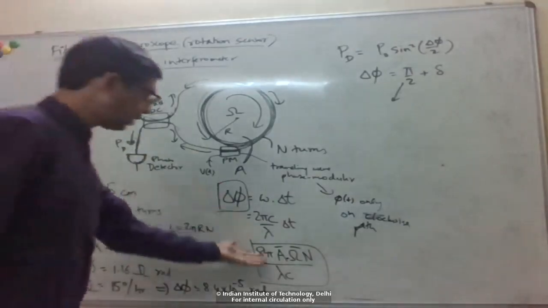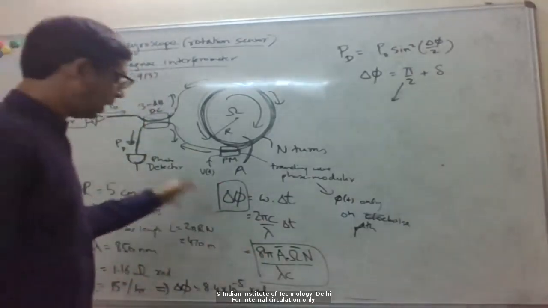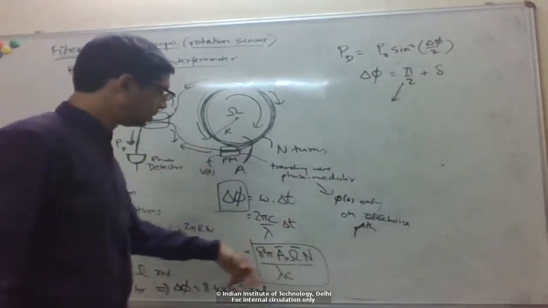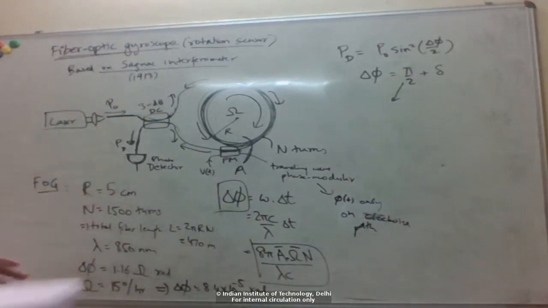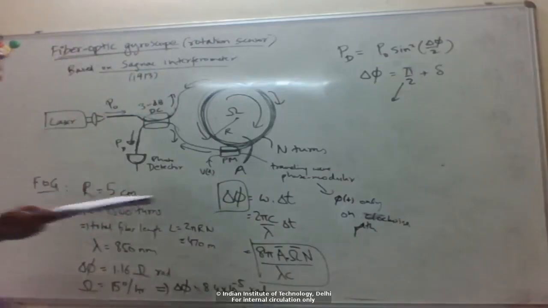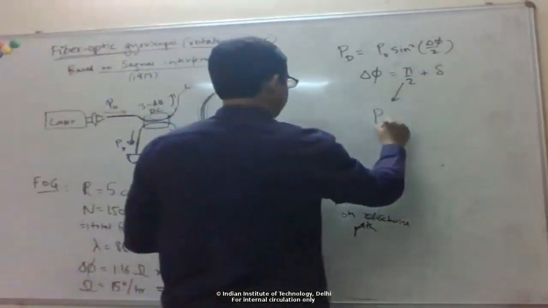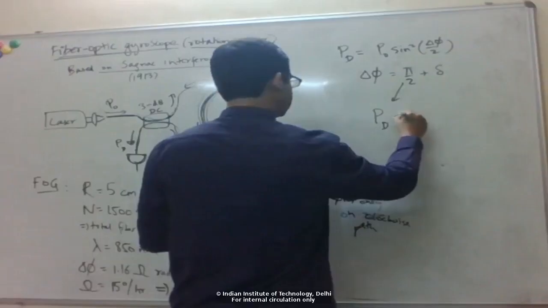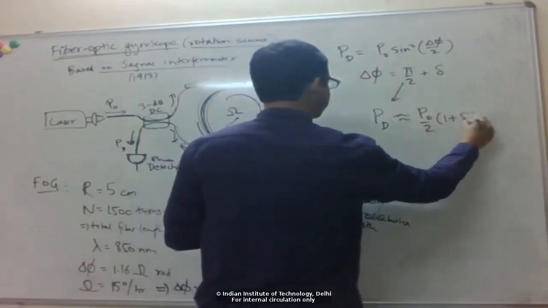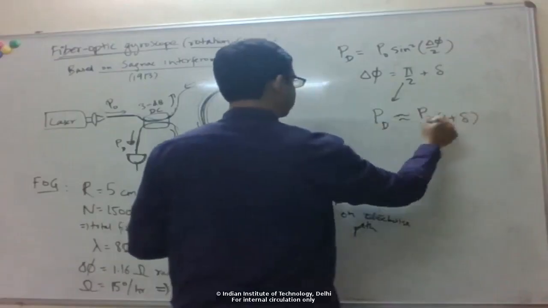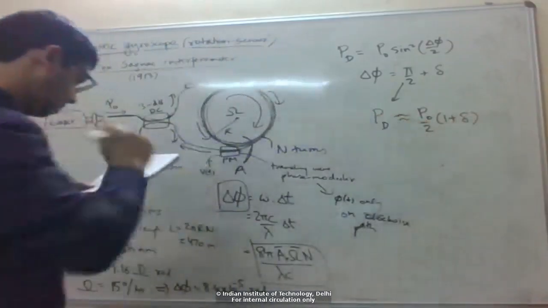But this is the exact formula for a loop of any shape, placed at any angle with the rotation. Again, if you operate at the quadrature point, you can do this Taylor expansion and get a linear relationship between the phase shift and the power detected.